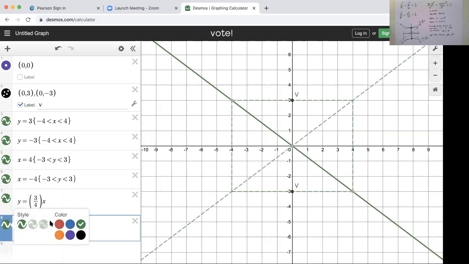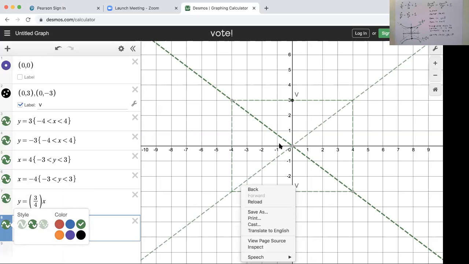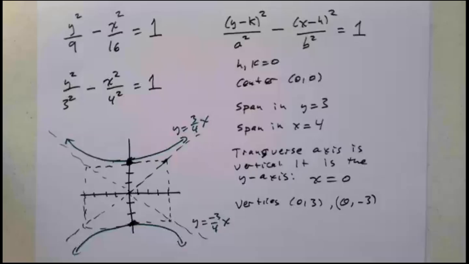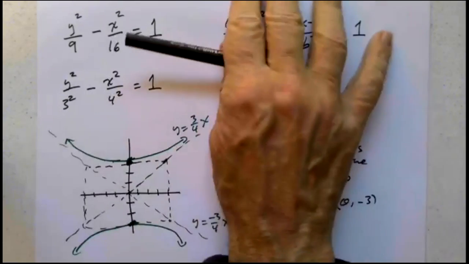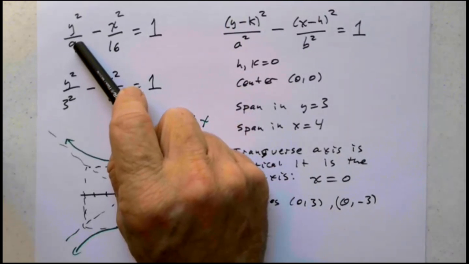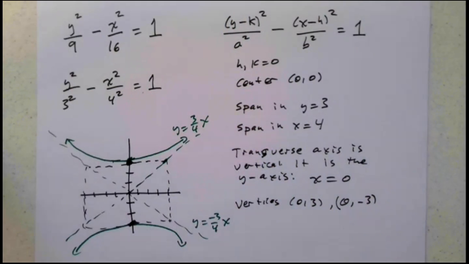And from this, now we can draw our graph. Remember, starting at the vertex and then heading towards the asymptotes. We know the vertices are on the y-axis because the transverse axis is vertical. How did we know that? Because y comes first. That tells me the transverse axis is vertical.